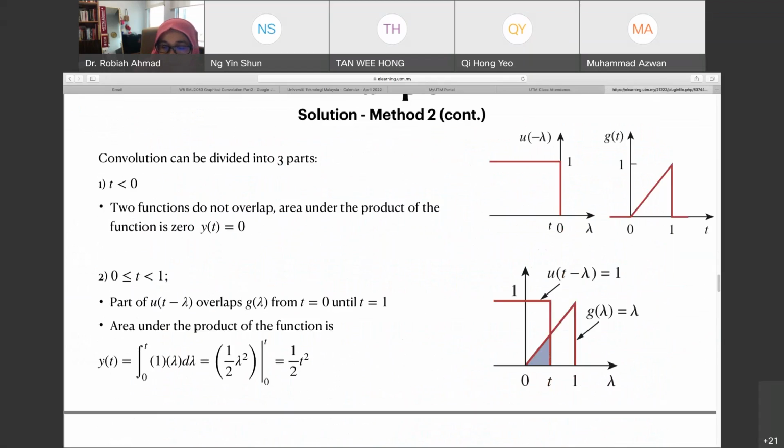Here 0 to t, and this is the second signal that we shifted. Then when we integrate, we get tau squared over 2, which is 1 over 2 t squared. And the third one, let us imagine the same.